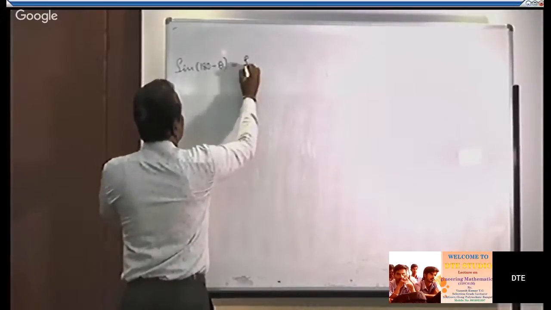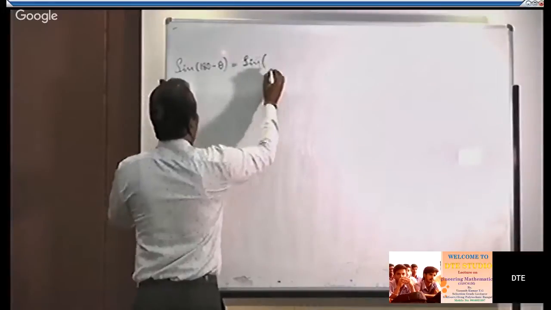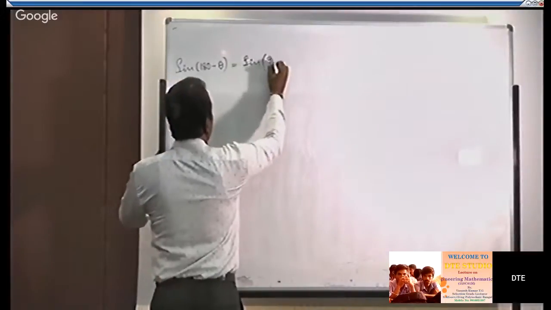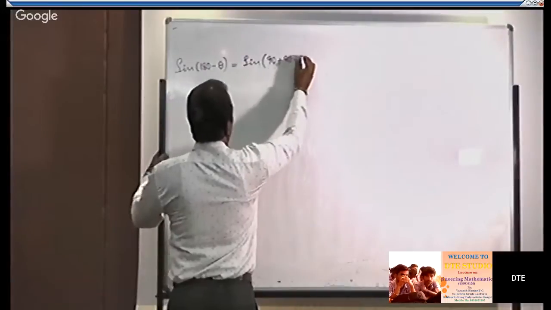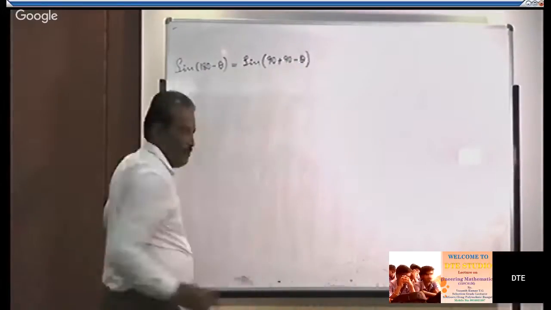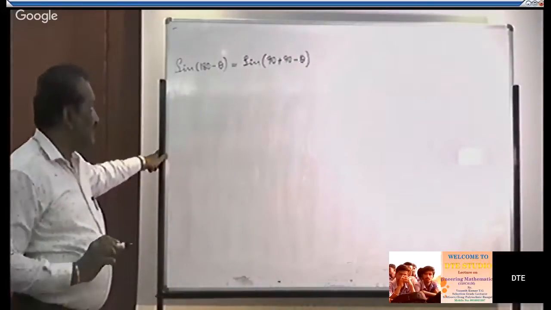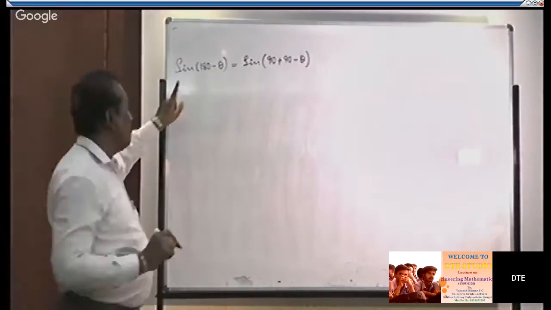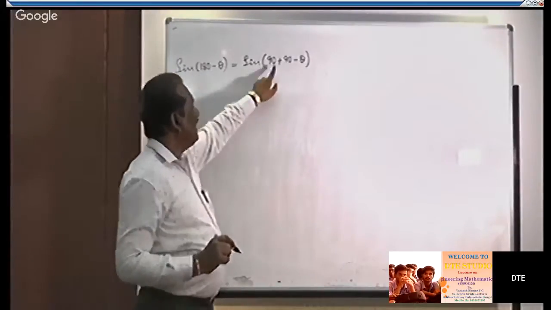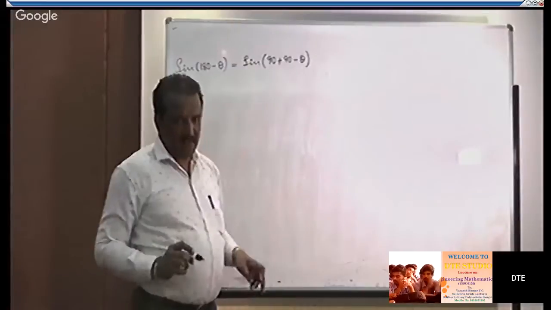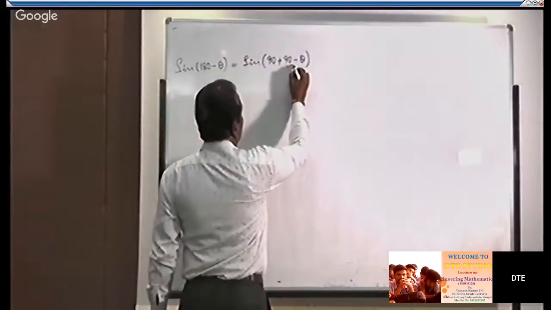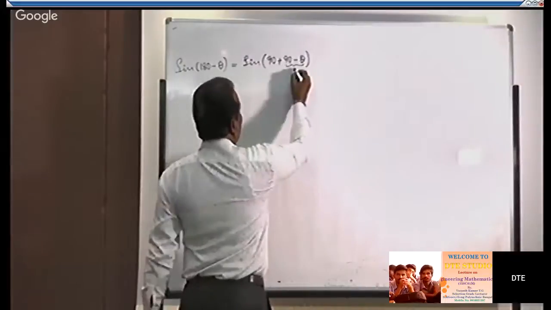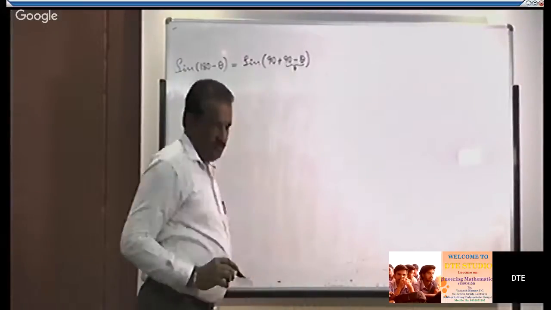Now, by applying common sense, you can write 180 as 90 plus 90. The rest is minus theta. Now, I just split 180 degree as 90 degree plus 90 degree. For my convenience, I just consider 90 minus theta as theta for the time being.